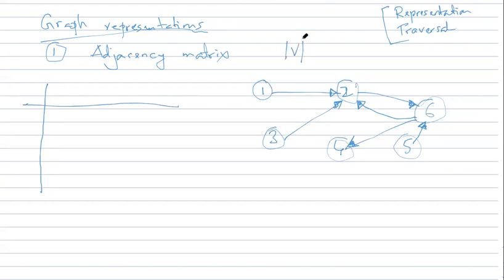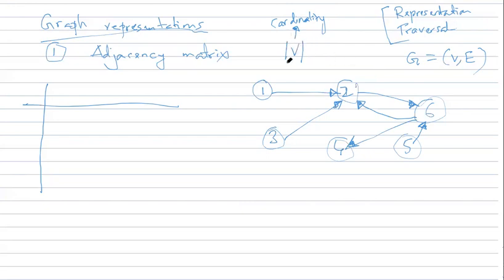So this notation is signifying the cardinality. Cardinality means how many vertices are there, right? So V is a set of vertices. If you remember, G equal to V comma E is the standard notation for graphs, where capital V is the set of vertices and capital E is the set of edges that connect the vertices.